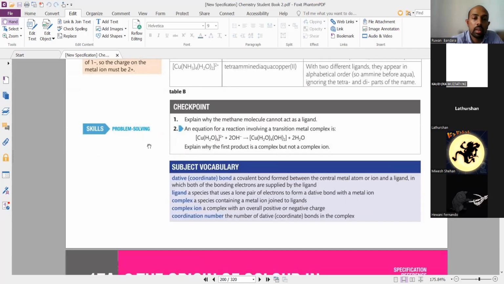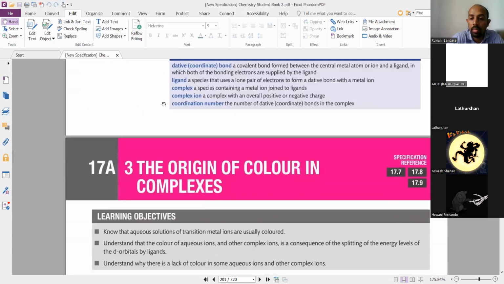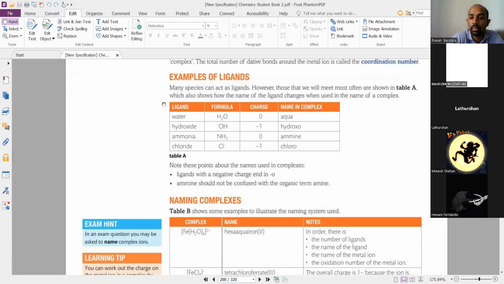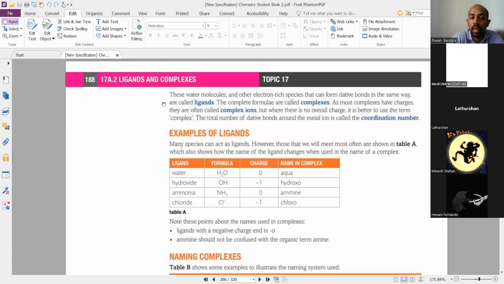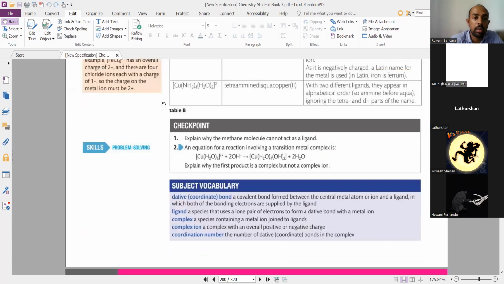Okay, let's answer these two questions as well. This is page number 188, Checkpoint 1 and 2.